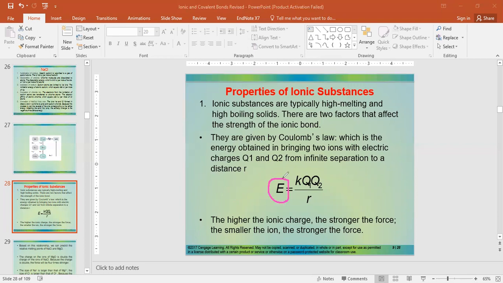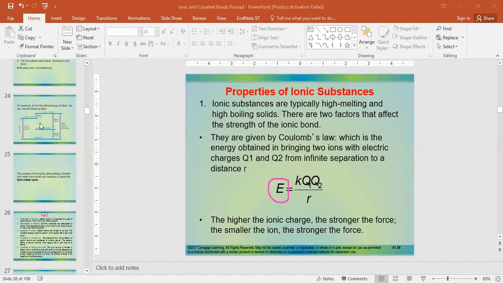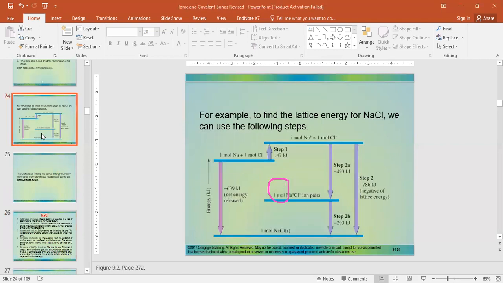For example, let me go back to the previous. When you look at the energy that you calculate, it is this energy that you're going to get. That is the energy we are talking about.